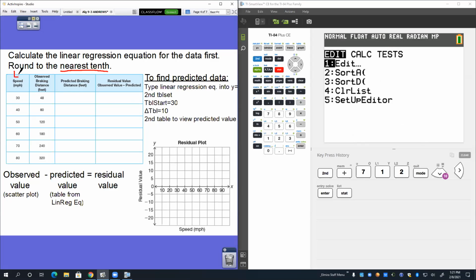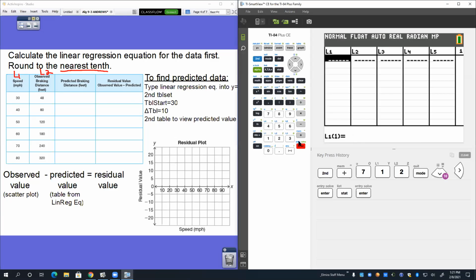This is going to be your L1 column. This is going to be your L2 column. So go ahead and type in that data so that we have 30, 40, 50, 60, 70, 80.